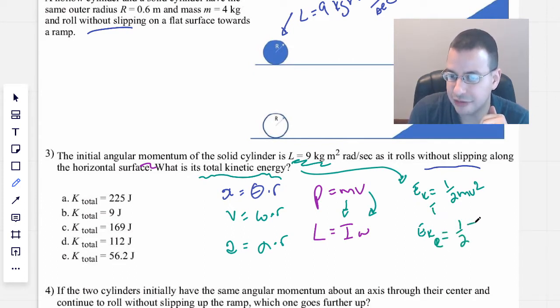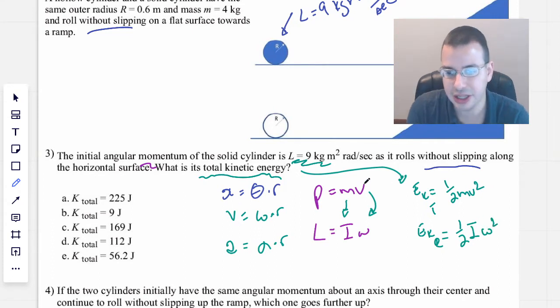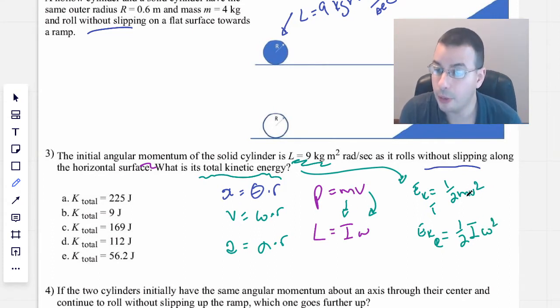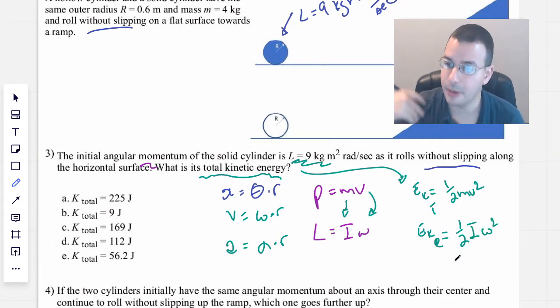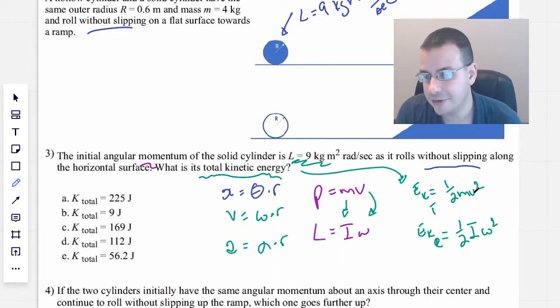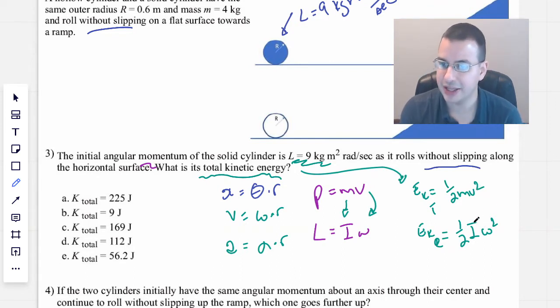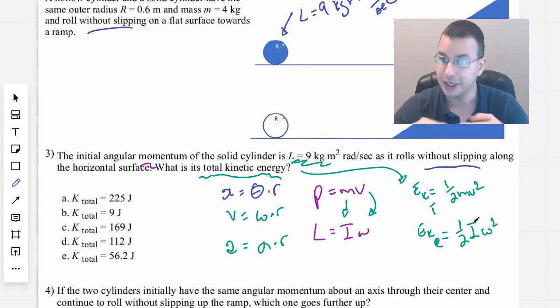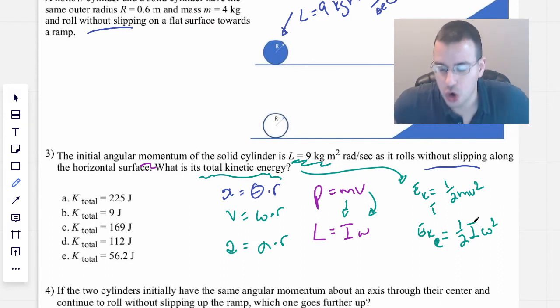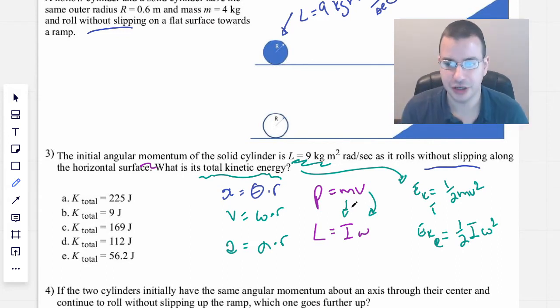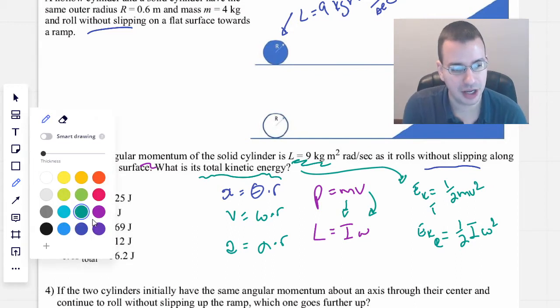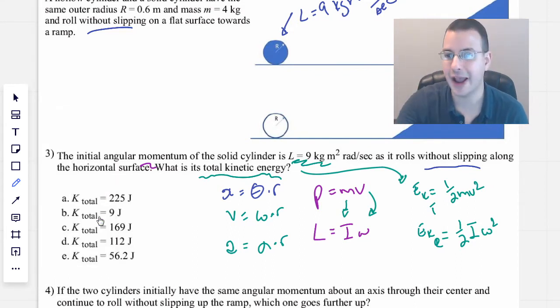This is 1/2 I omega squared. The same analogy we had here, where mass we write as moment of inertia, and v we write as angular speed. Now, this isn't a rigorous derivation or anything like that. It's more of a mnemonic to help memorize what's going on here.